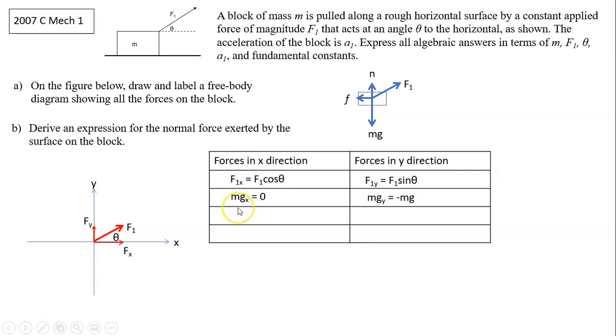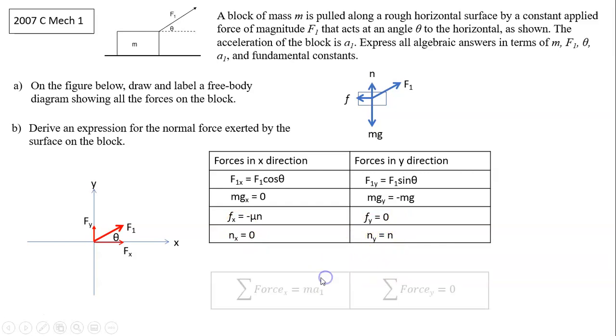And we know mg has no x component, only a y component, in the negative direction. Friction, on the other hand, has no y component, only an x component, also in the negative direction, mu times N. And N has no x component, only a positive y component.